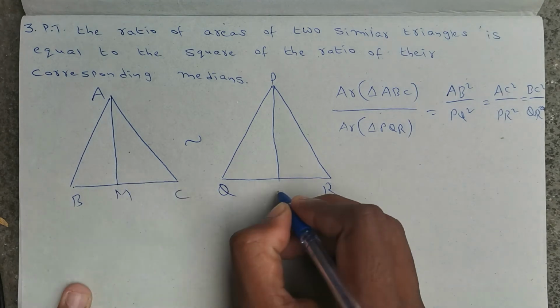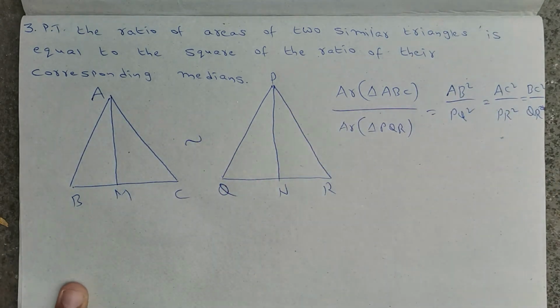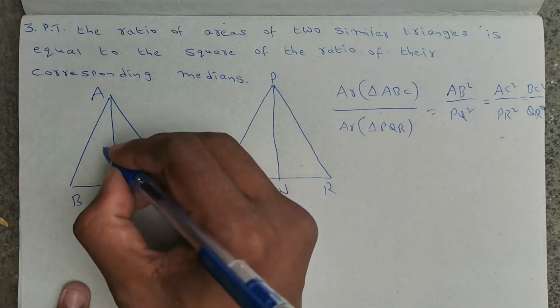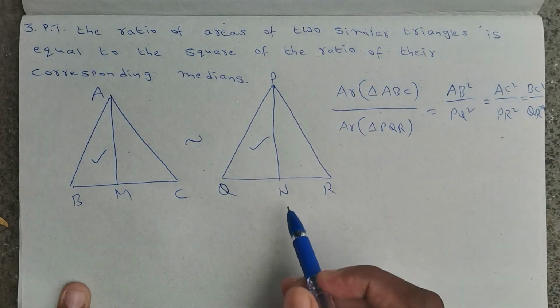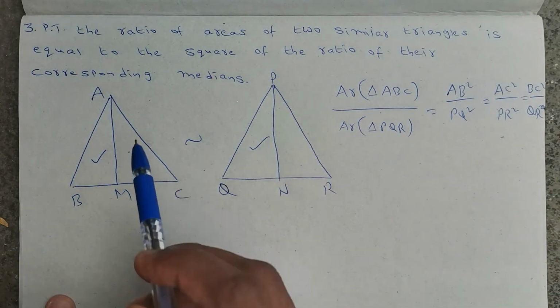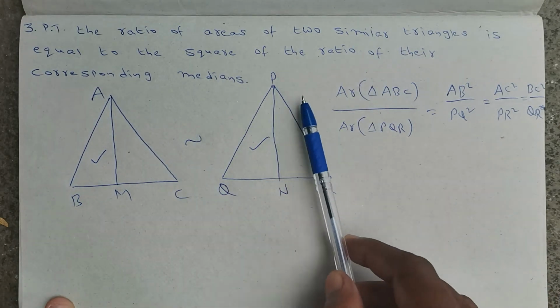This is point M, this is point N. AM is the median and PN is the median. So, to show that, first I will try to show that this left side triangle is similar to the right side triangle. Here in the question he clearly mentioned these two bigger triangles are similar to each other.